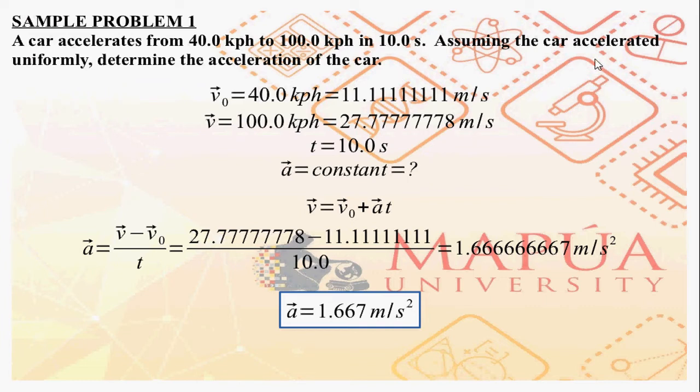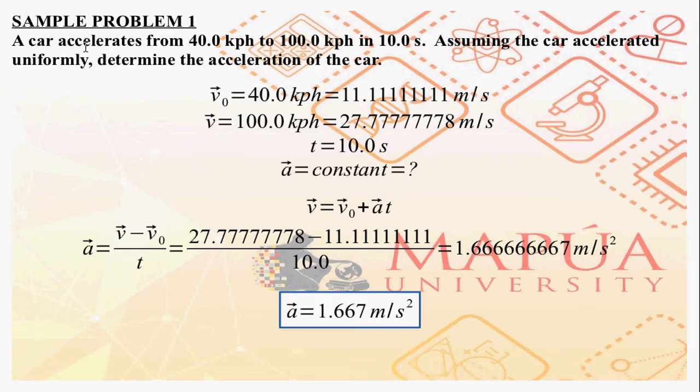Assuming that the car accelerated uniformly, determine the acceleration of the car. So here, the problem itself tells you that the object is undergoing uniform acceleration. And in fact, you are being asked for the acceleration of the object.